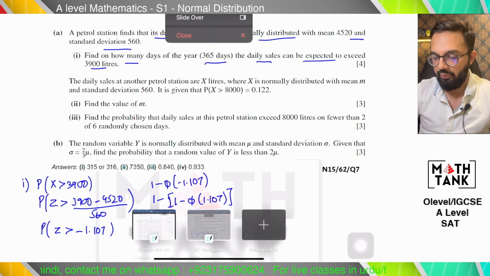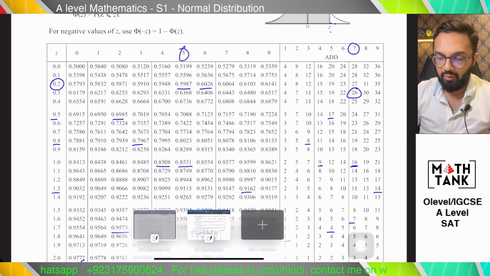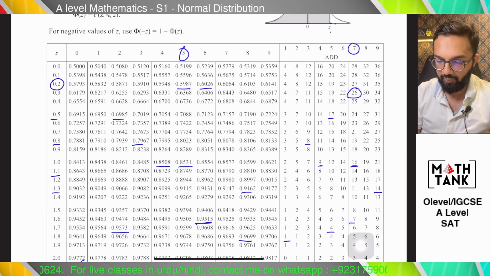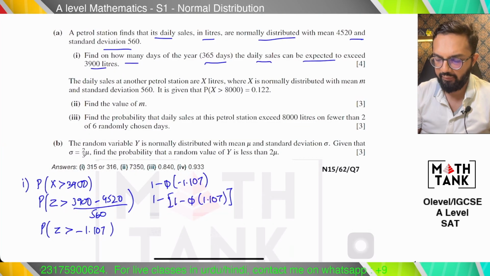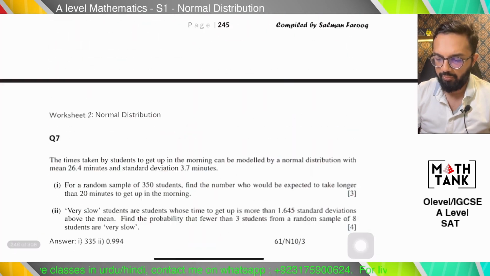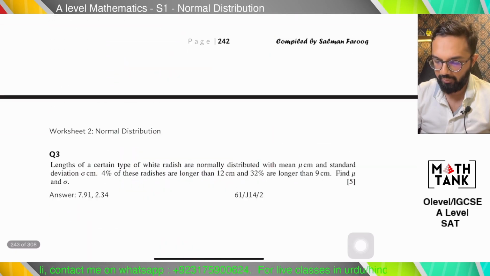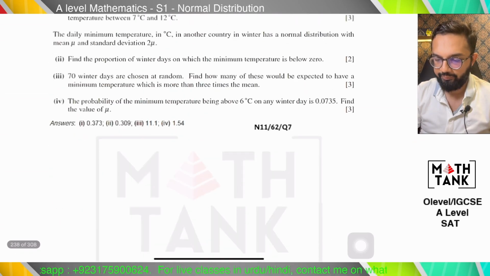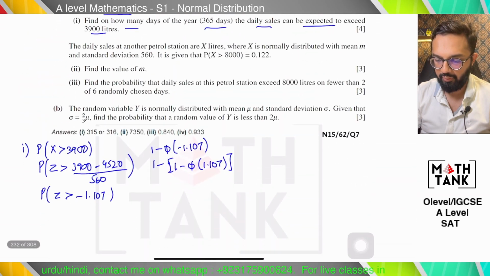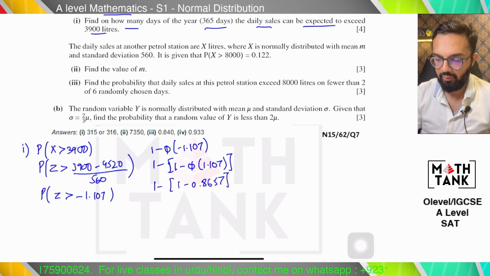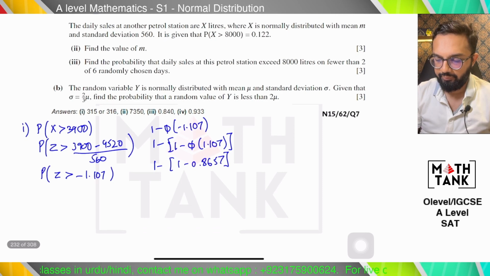Let's quickly calculate 1.107 from our table. 1.107 is 0.8657. Oops. 0.8657.